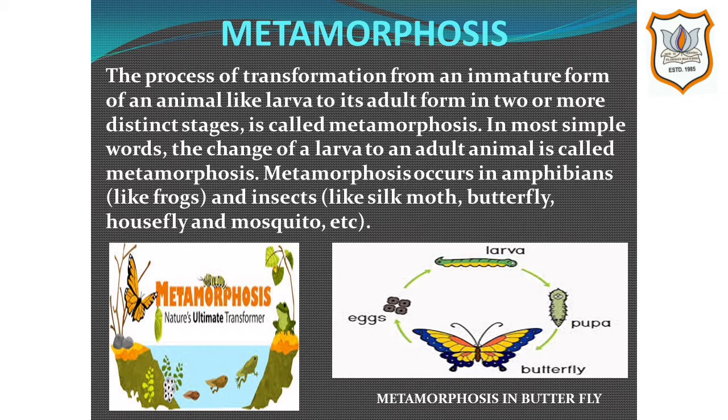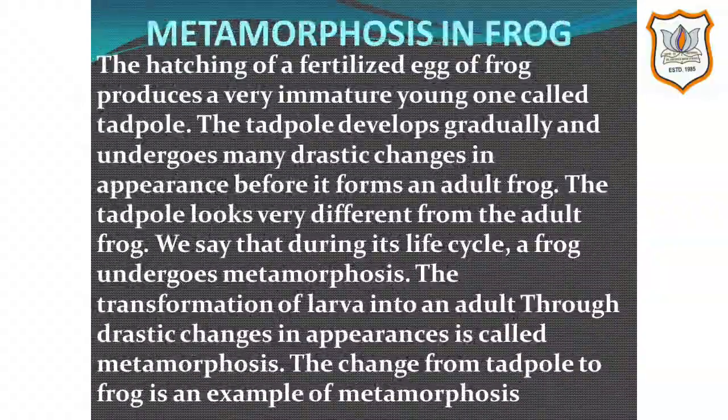Metamorphosis occurs in amphibians like frogs and insects such as silk moth, butterfly, housefly, and mosquito, etc. I will explain to you the process of metamorphosis with the example of metamorphosis in frog.